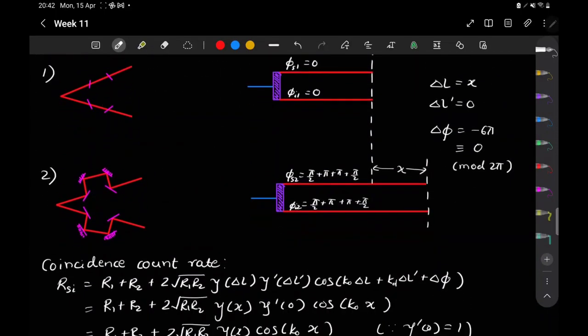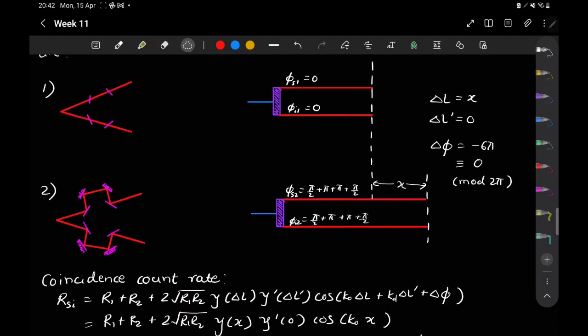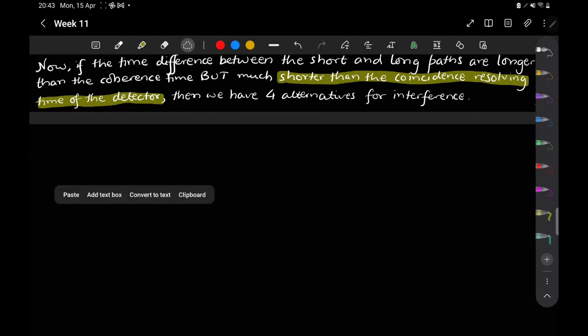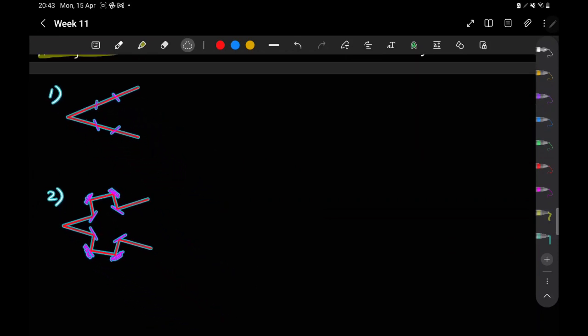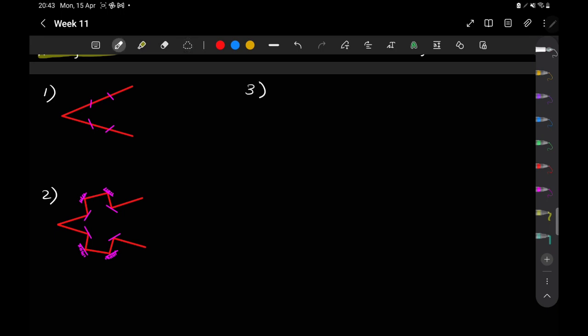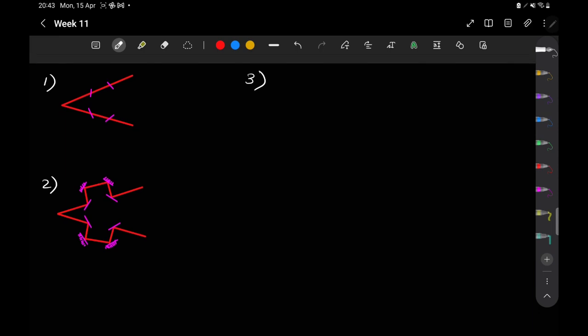So the first two are going to be the same. Actually I can copy it. Then we will have two additional paths contributing as well.